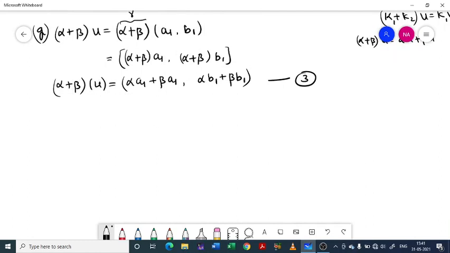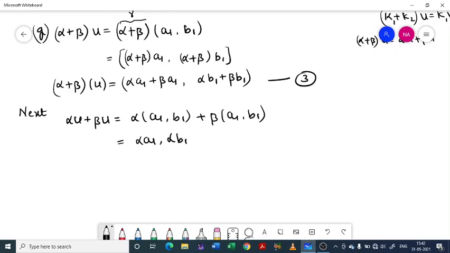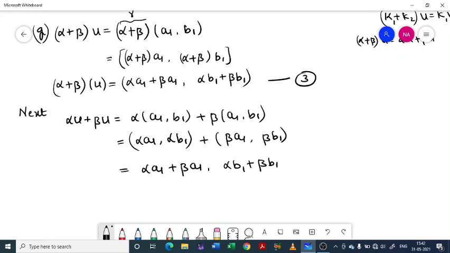Next, alpha U plus beta U equal to alpha times of A1 comma B1 plus beta times of A1 comma B1, that is alpha A1 comma alpha B1 plus beta A1 comma beta B1, which is alpha A1 plus beta A1 comma alpha B1 plus beta B1, alpha U plus beta U, equation 4.